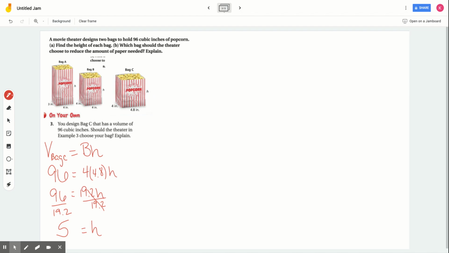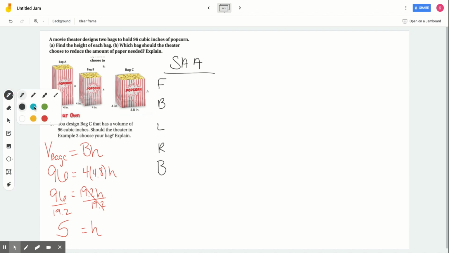But now, since we're talking about how much paper, that's talking about the surface area. So if we're looking at the surface area of each bag, we have the surface area of A, and we know that there is a front, a back, a left, a right, and a bottom. But the top of the bag is left open to fill with popcorn.